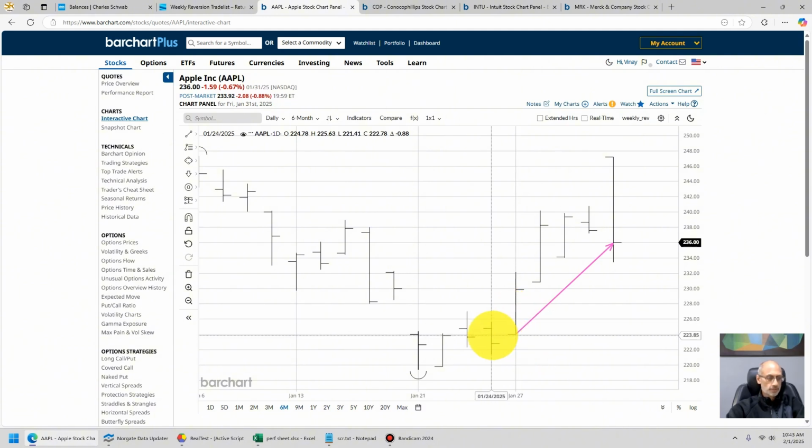So tech stocks had a huge sell-off, and the strategy being flat over the weekend benefited from that, and so it bought on Monday's open and caught the mean reversion upwards pretty nicely. So we made more than 5% here on Apple. Entered here Monday and exited here Friday.